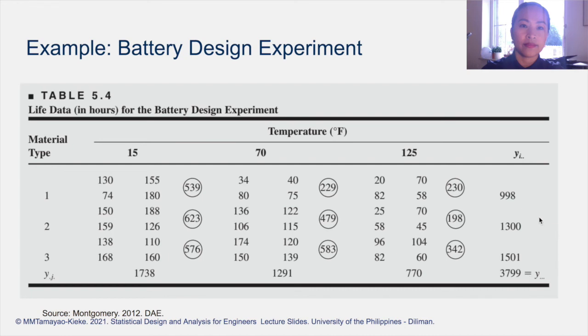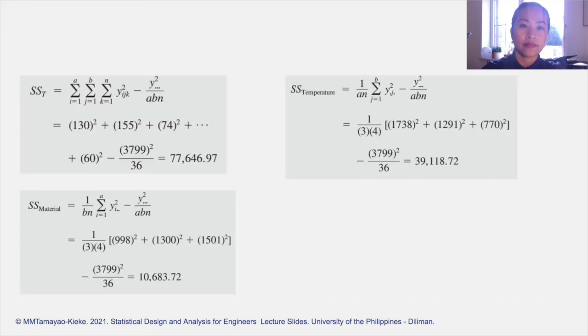Given all those calculations, we can now compute the sum of squares total. Here we basically get the sum of the squares of all observations minus the square of the grand total over abn.